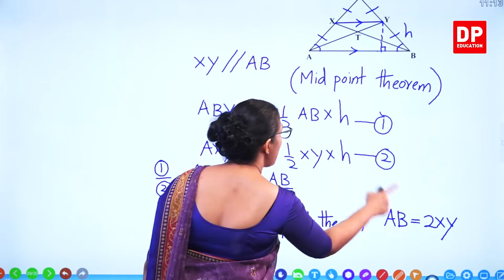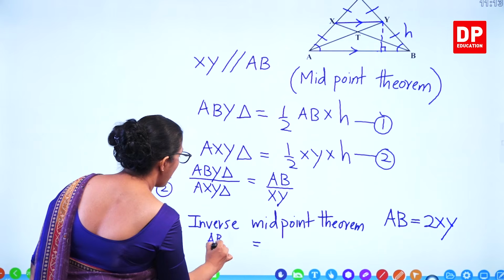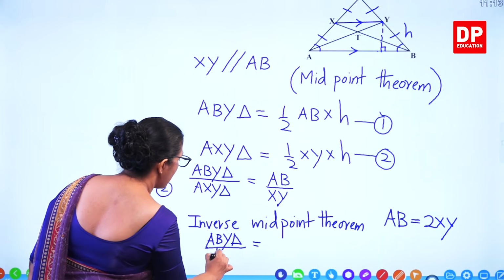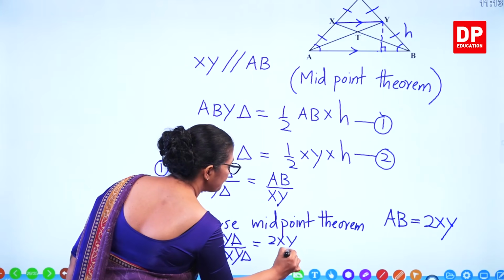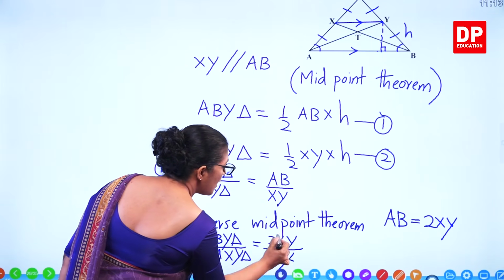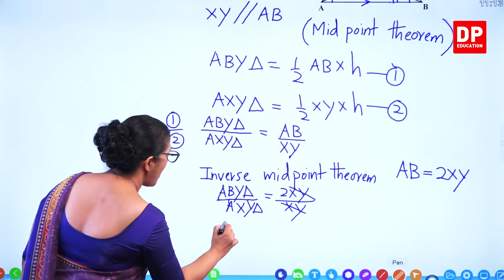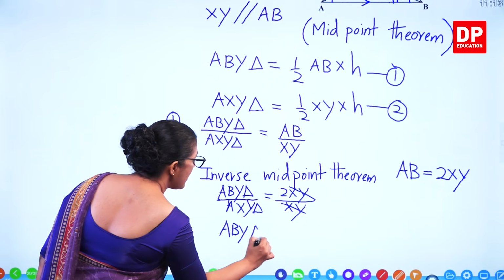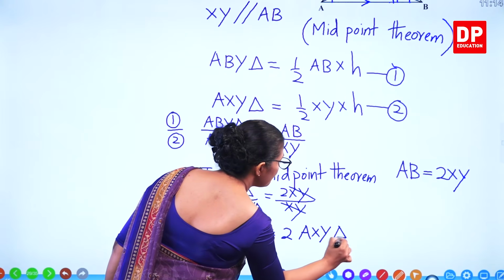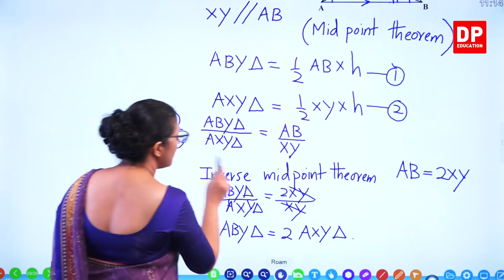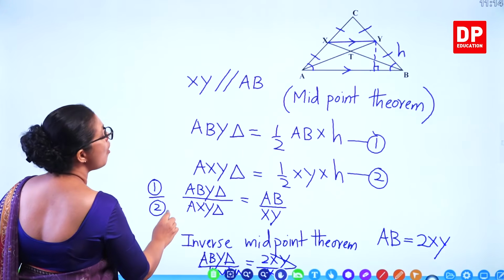So we can substitute that here. ABY triangle over AXY triangle is AB, which is 2XY, over XY. XY gets cancelled out and you get ABY triangle is equal to 2 times AXY triangle. So that's what you need: ABY triangle is equal to 2 times the area of AXY.